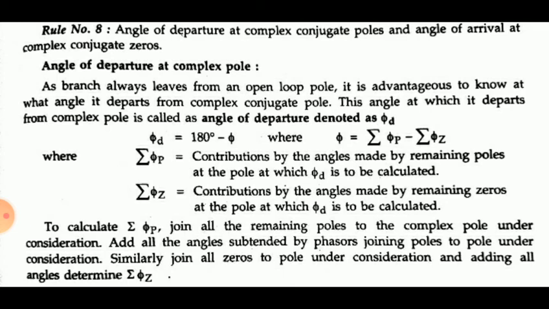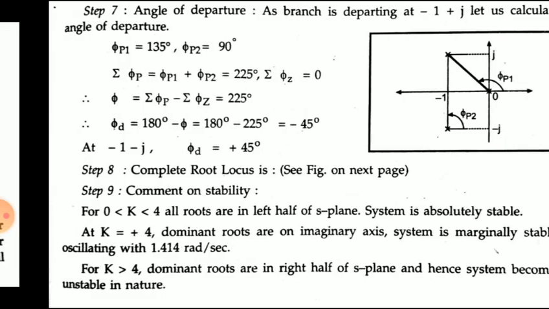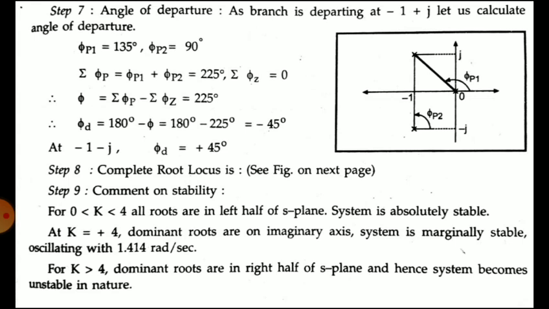So this is the procedure, the rule that is given, the details of how to calculate the angle of departure. To calculate summation phi p, join all the remaining poles to the complex pole under consideration. The complex pole here, minus 1 plus j, is the pole under consideration.